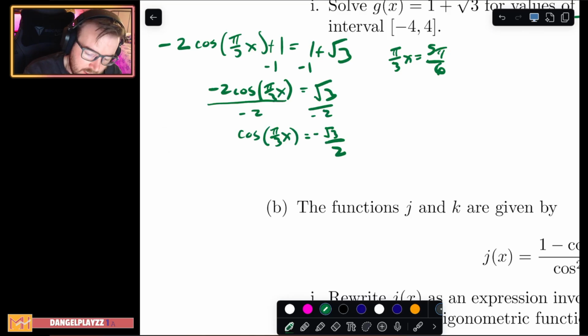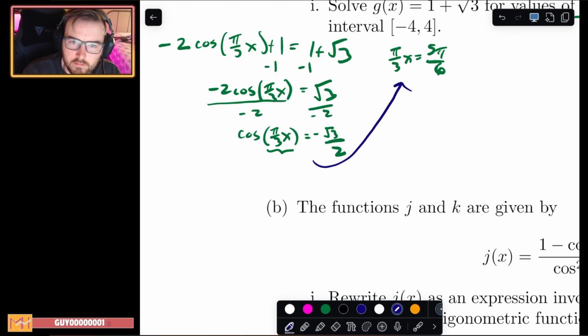This is the part that I think is where I lose a lot of you. I lose a lot of you when I make this decision, because it doesn't really feel like we're canceling out cosine. That's because this is a more sophisticated question, okay? It's not just magically going away.